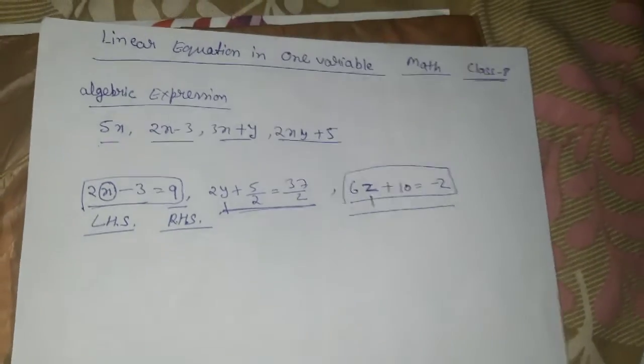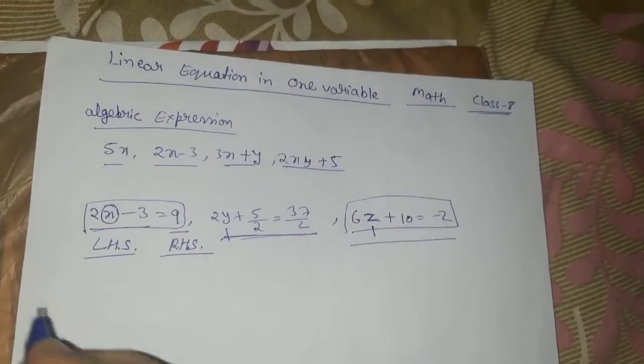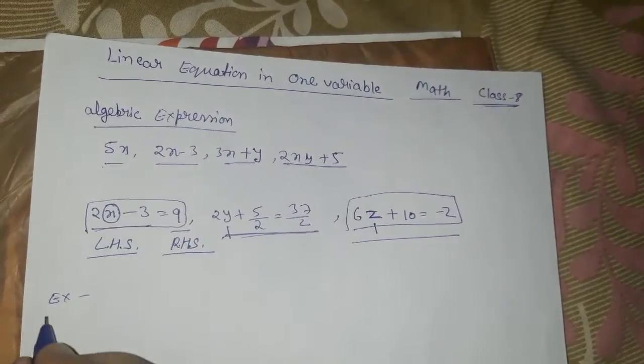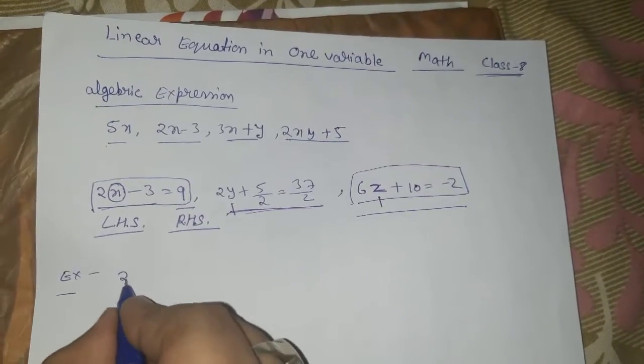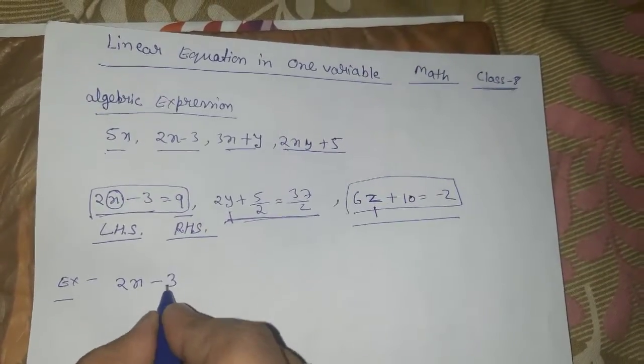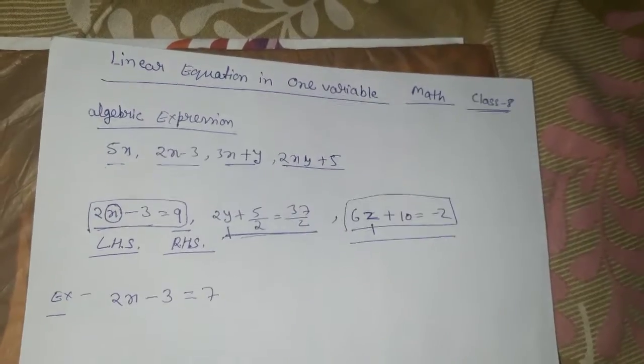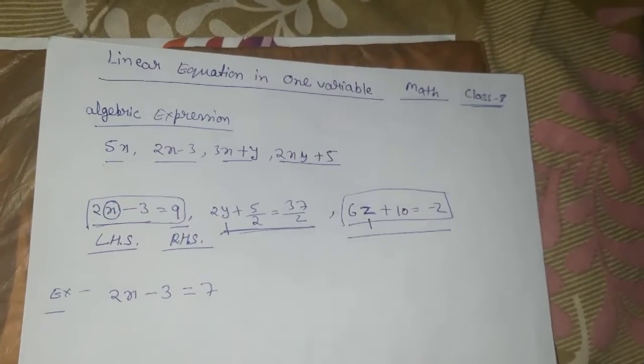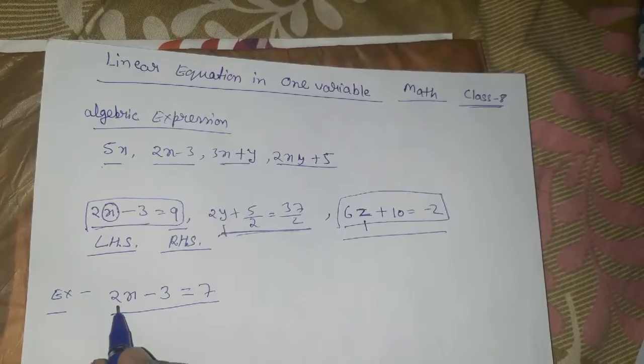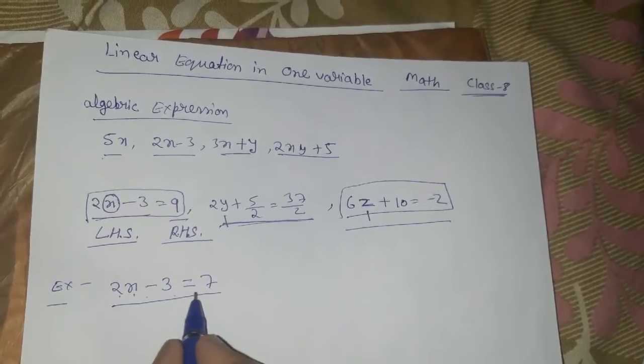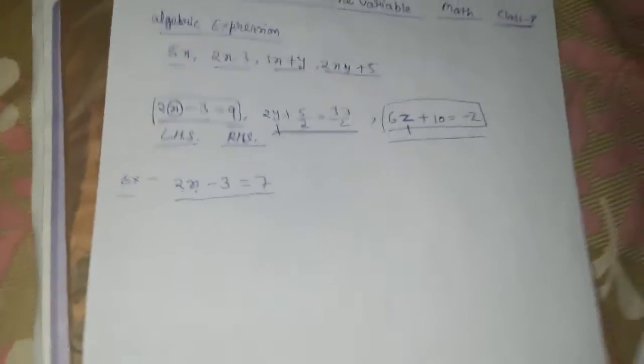Here is the example: 2x minus 3 equal to 7. We have an equation 2x minus 3 equal to 7.